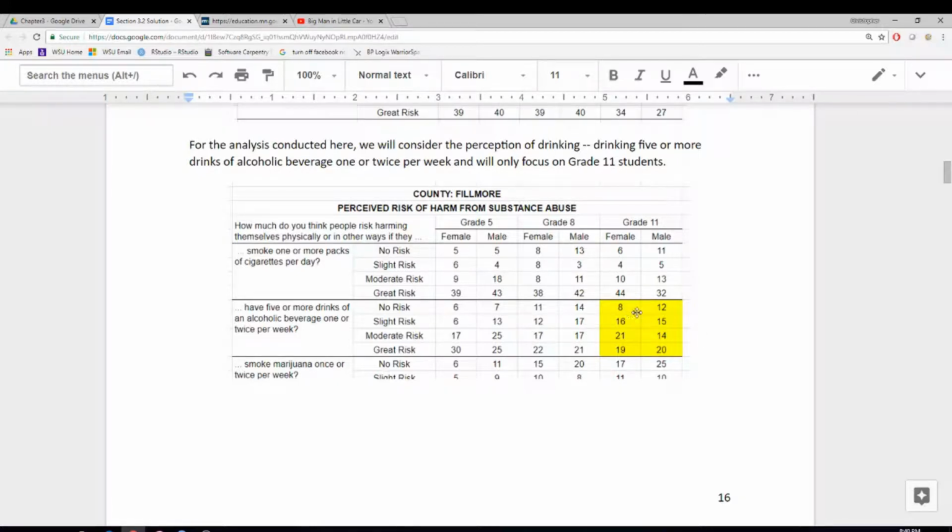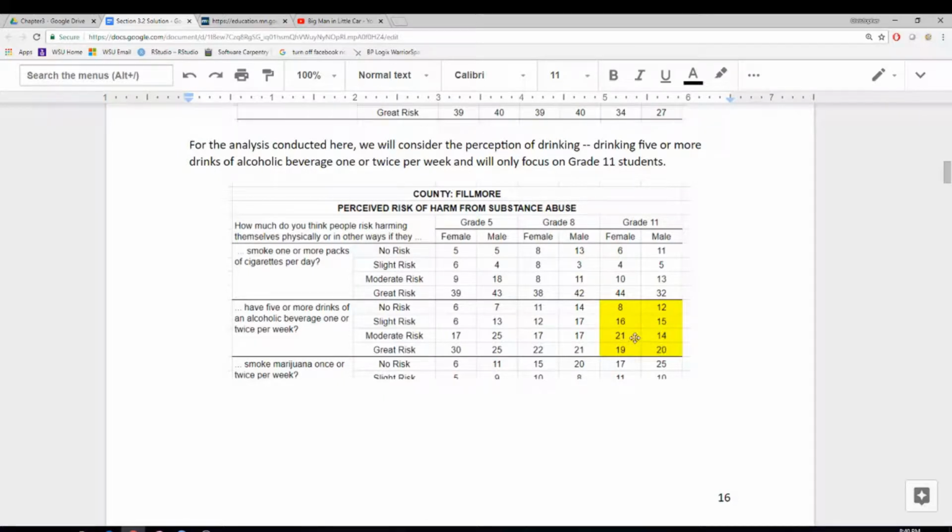So what I'm going to do for our analysis here is just add the 8 and the 12 to get 20. So 20 people here thought that drinking 5 or more drinks would be of no risk. So there's 20 people here for that no risk row. There's 31 people here for the slight risk row, 16 plus 15.